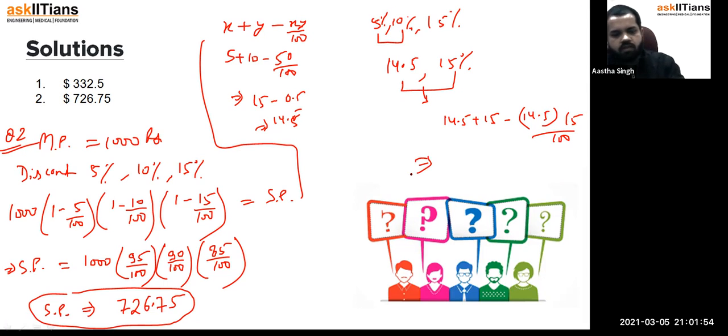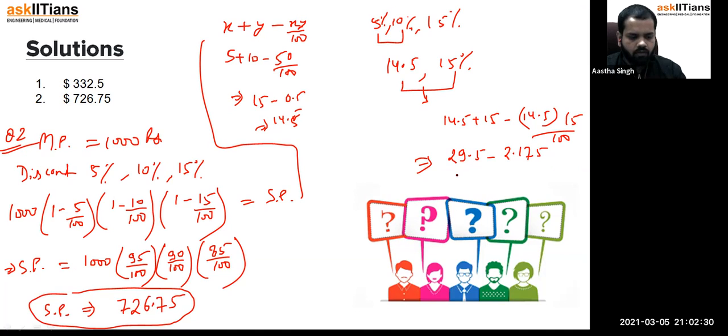If I just solve this, 14.5 and 15 will be 29.5. And 14.5 multiplied by 15 upon 100 gives you minus 2.175, right?